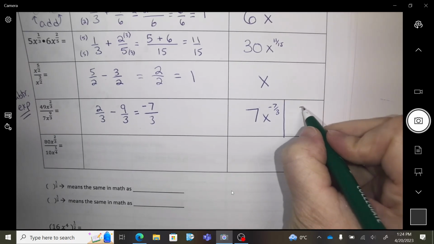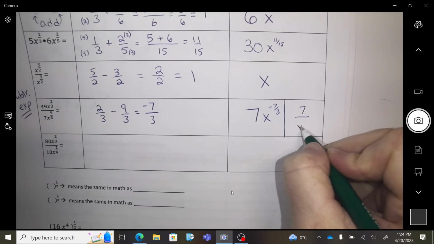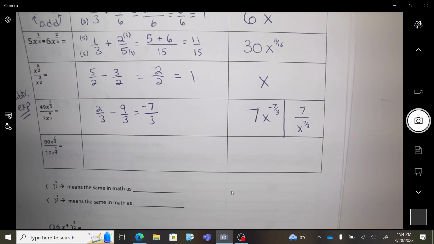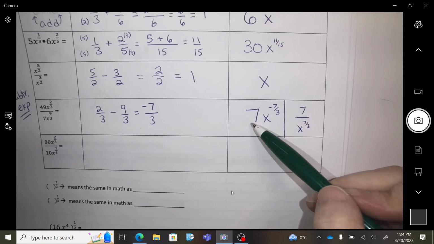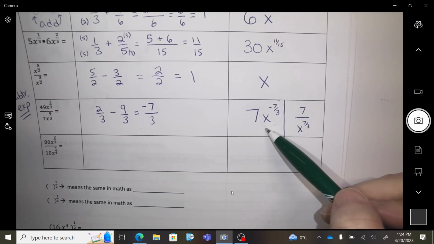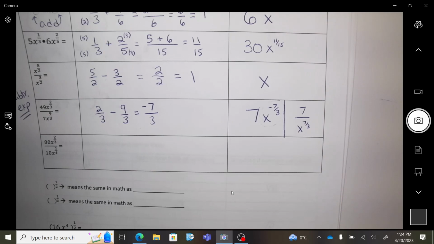I'm actually going to leave 7 on the top because 7 is not attached to that power exponent. This is the part that has the negative exponent on it. The 7 doesn't have a negative exponent on it, so it doesn't move. Okay? Only the base exponent moves.